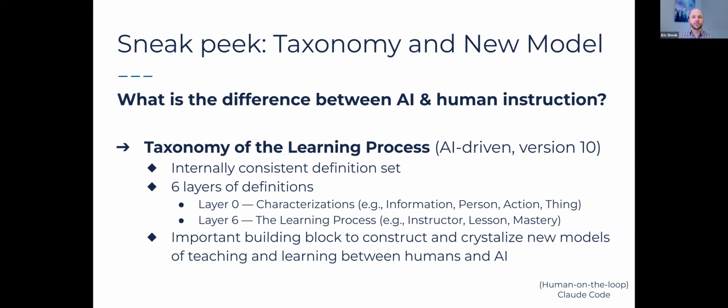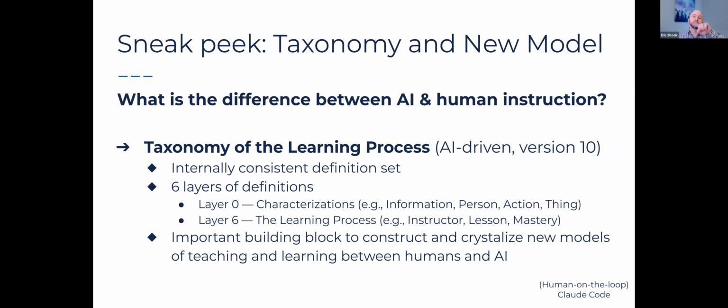And I've really grappled with this question because it's hard to answer in any sort of systematic way. And here I actually use Claude Code to help develop a taxonomy of the learning process that consists of 6 layers. There's like 50 definitions where we start with literally what's the definition of a person? What is a thing? What is an action? What is information?